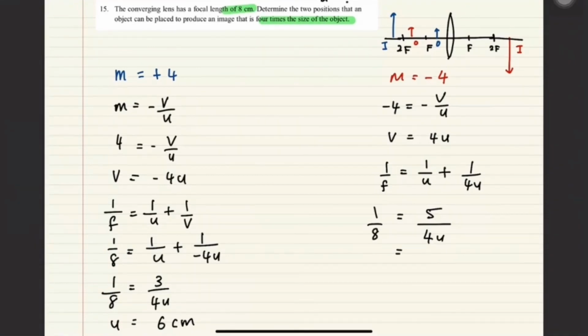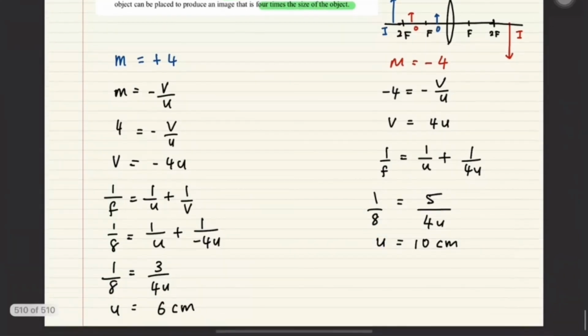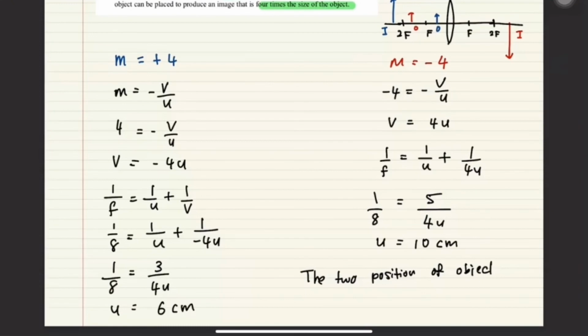So cross multiply, 40 divided by 4 ni sama dengan 10 cm. Okay, so the two positions for the object are 6 and 10 centimeter respectively. Okay, any question?